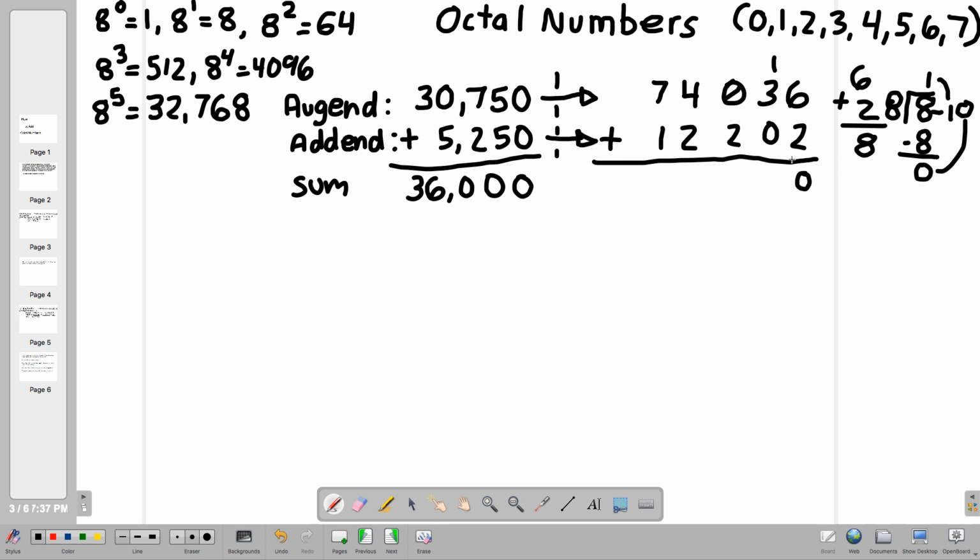So now we look at the next significant column. We have 3 and 1. That adds up to 4. And then the next significant column, we have 0 and 2. That comes out to be the value 2. And then we look to the next significant column. We have 4 and 2. We add that. Its value is 6.